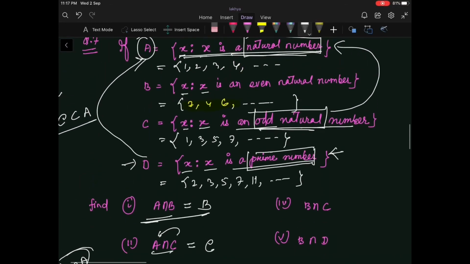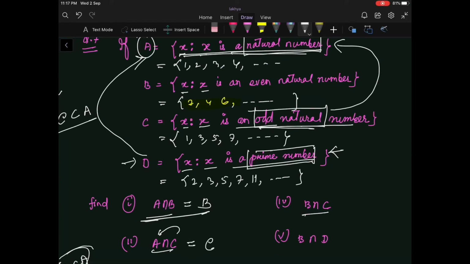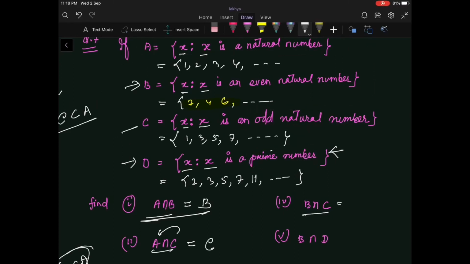Now let's find B intersection C. If you compare these two sets B and C, you can see set C is odd natural numbers, and set B is even natural numbers.